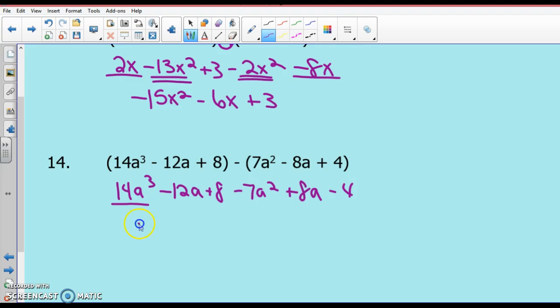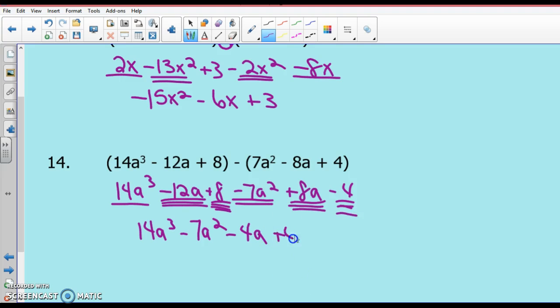I do not have anything to add to that. I don't have anything to add to negative 7a squared. Then I've got negative 12a plus 8a is what? Negative 4a. 8 minus 4 is plus 4. Question.